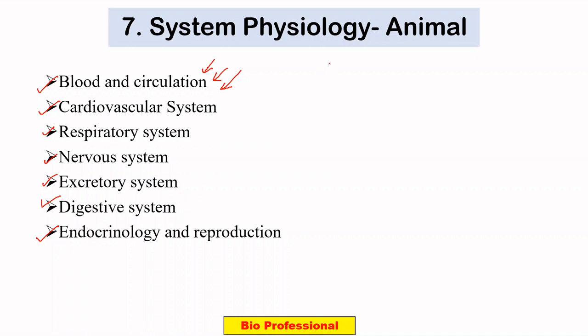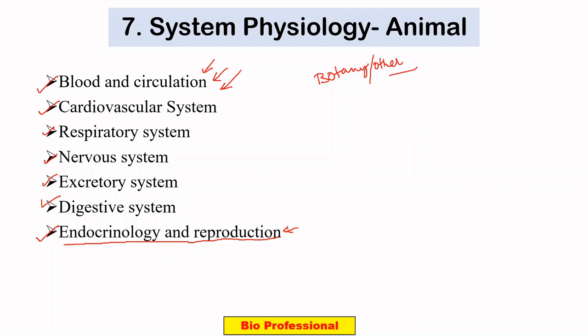Now the problem is for botany and other branches of biology, right? Those who have done masters in ecology have a problem. So the most important part of this unit is endocrinology and reproduction, because you will find every time there are questions from this part.